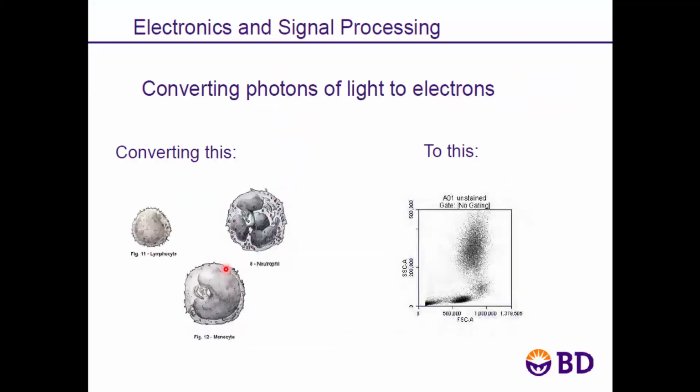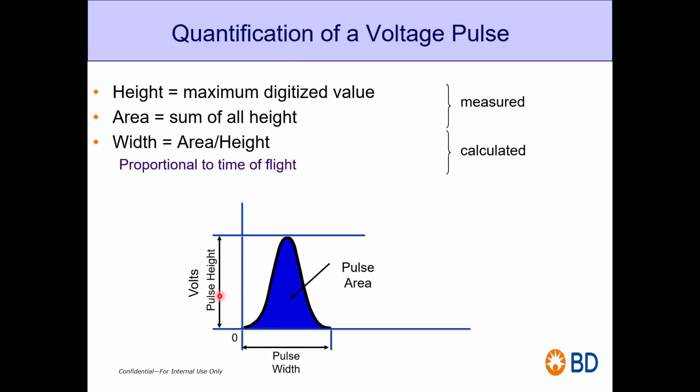Through this area, width, and height calculation, they tell you the relative size of the cell, the relative granularity of the cell, and the relative fluorescence intensity of the cell. All of these things come through this particular pattern.